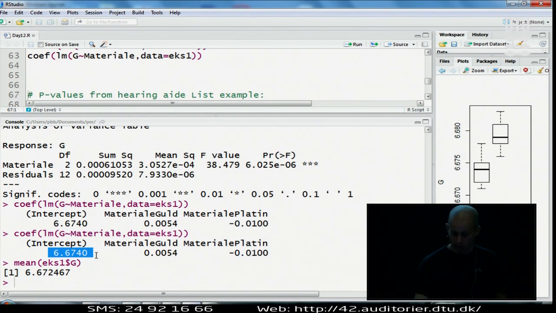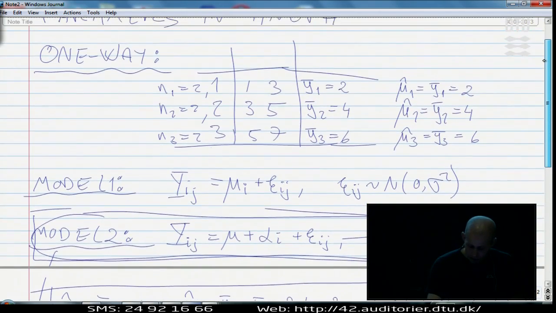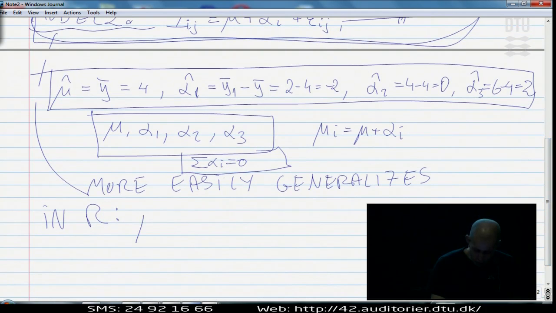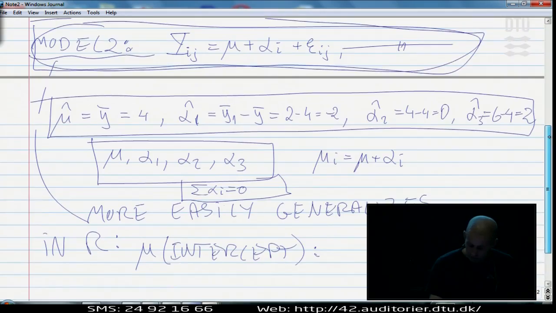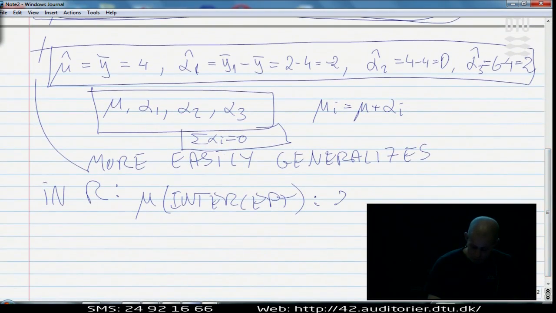So actually what R is telling us is the following, that mu, which is then the intercept, would then be given as, for this little example here, 2.